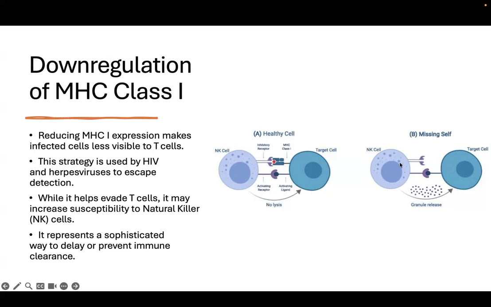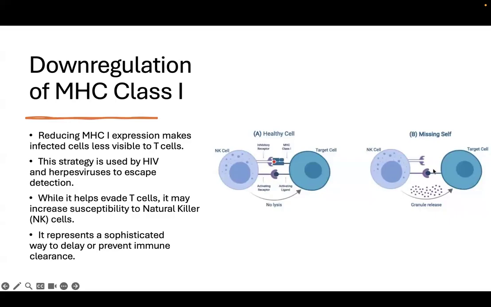But if an NK cell suddenly doesn't bind to an MHC class 1 on a cell, the NK cell is like, okay, this is weird. All nucleated cells have an MHC. This one doesn't. That means that this cell is either a cancer cell or an infected cell. And that triggers the NK cell to start killing.